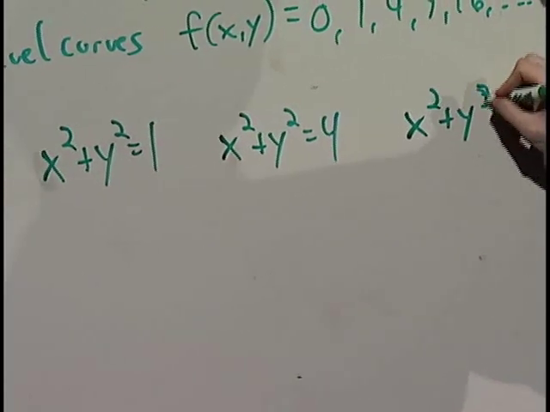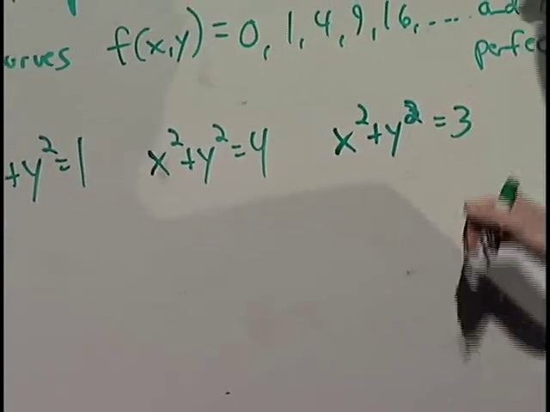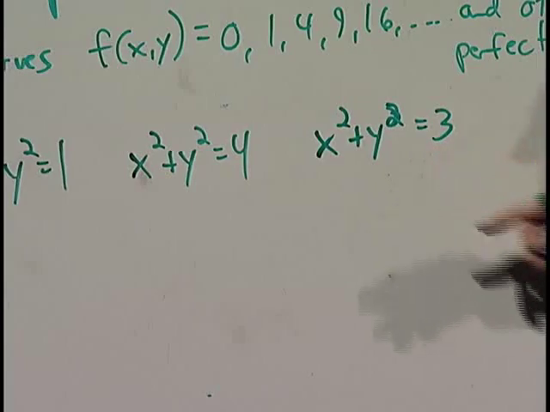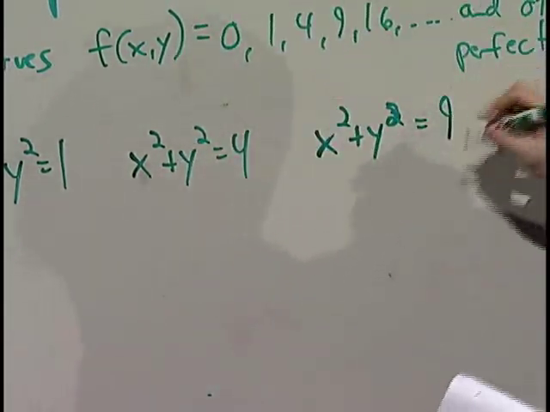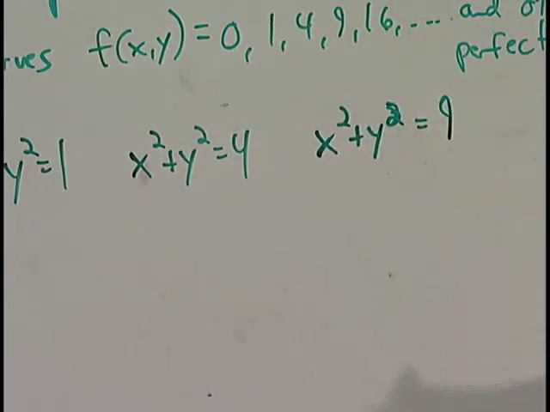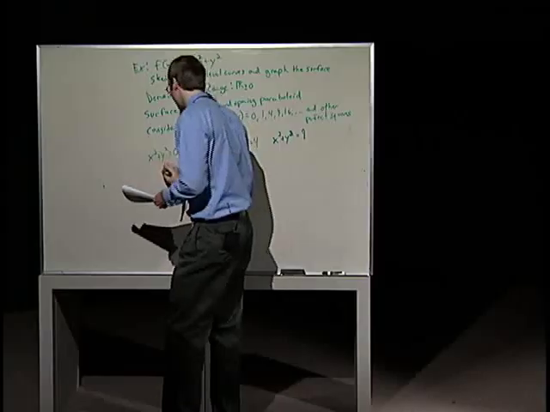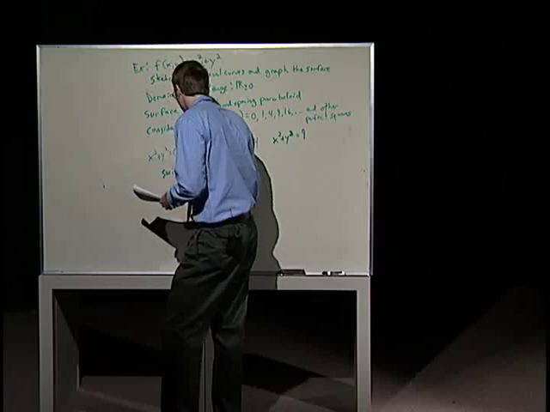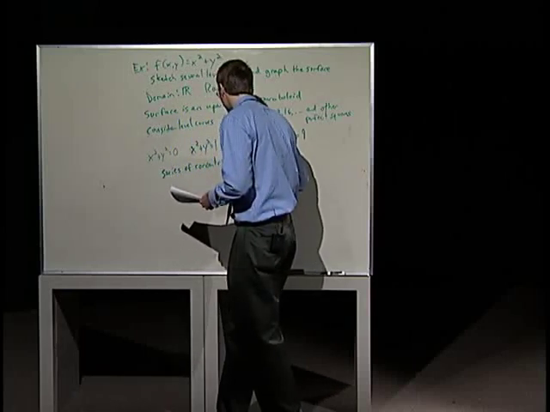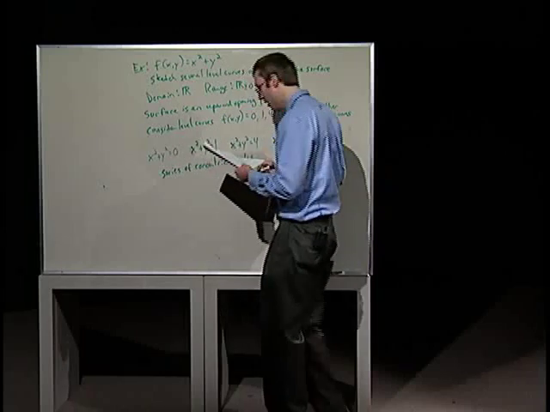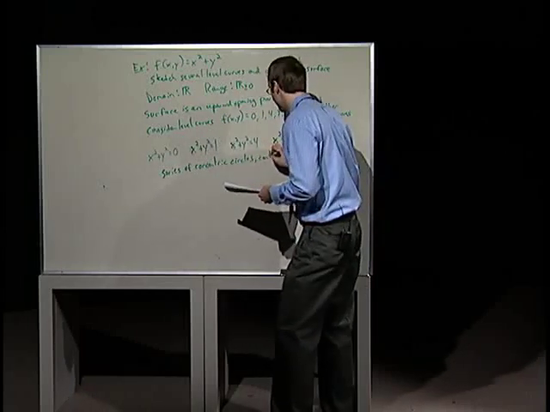If I have x squared plus y squared equals 9, I get a circle of radius 3, centered at 0, 0. So what have I got here? A series of concentric, i.e. same center point, circles centered at the origin.